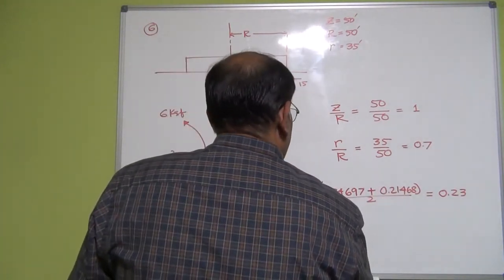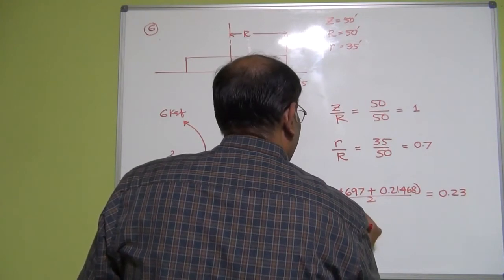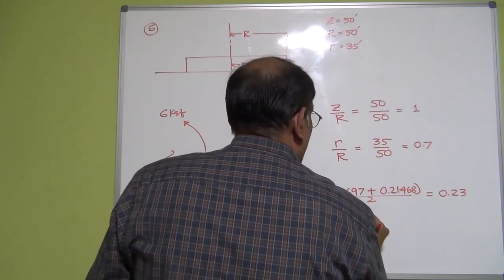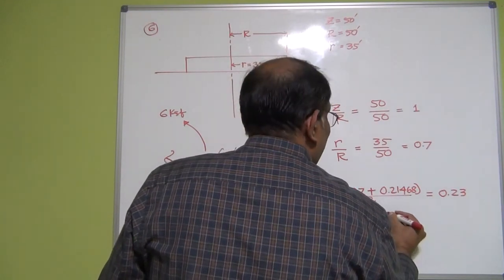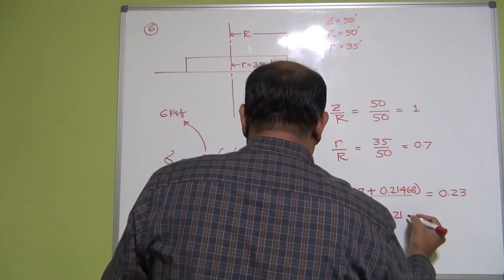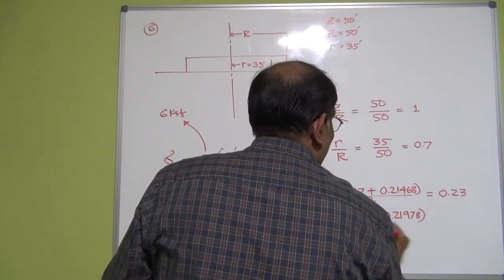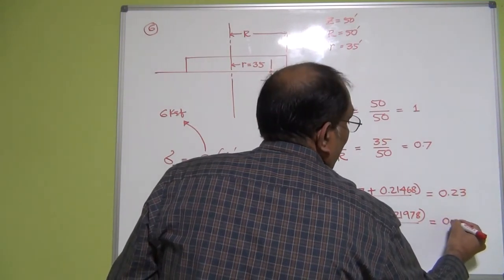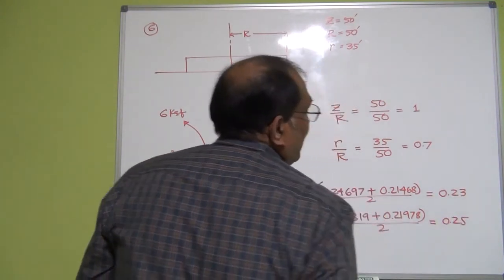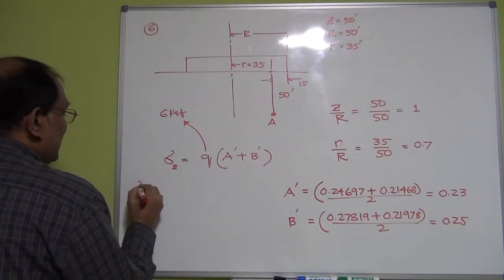So you can see this one would be 0.27819 plus 0.21978, divided by 2, which is actually 0.25.